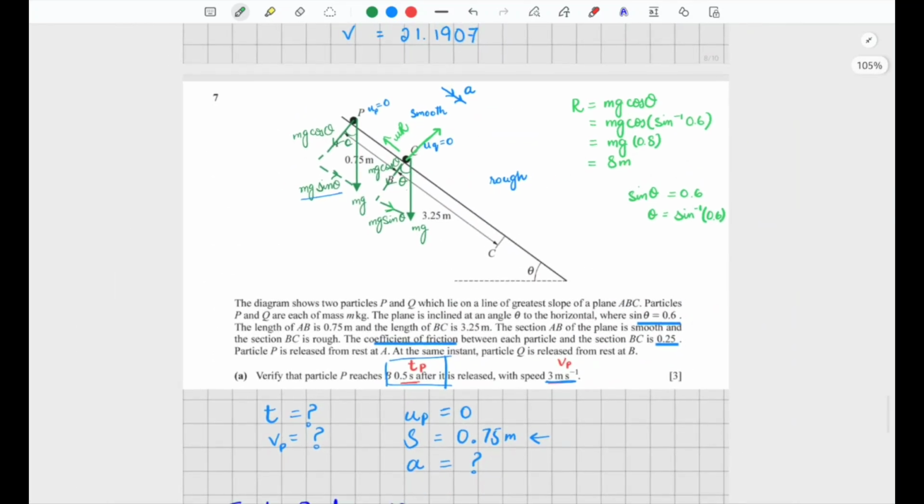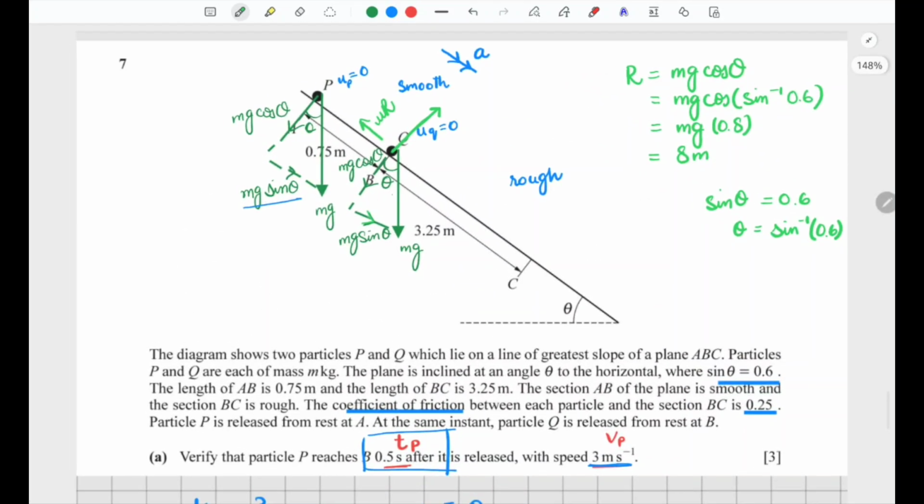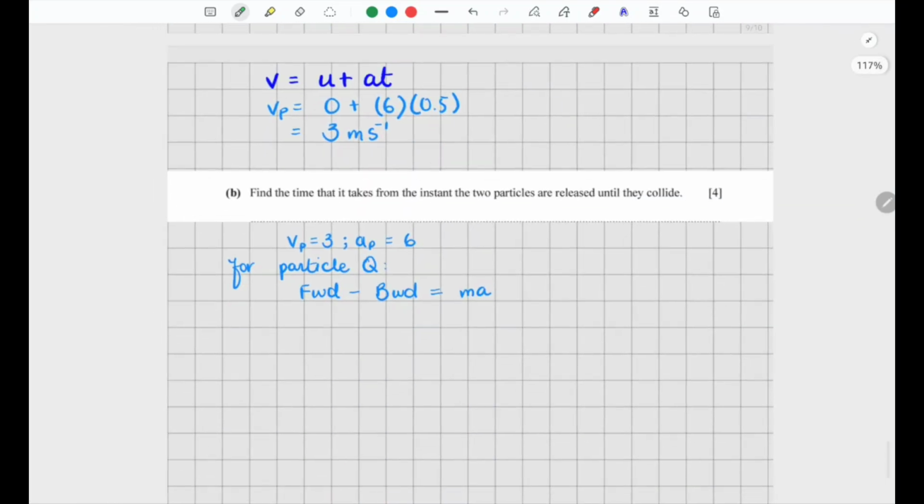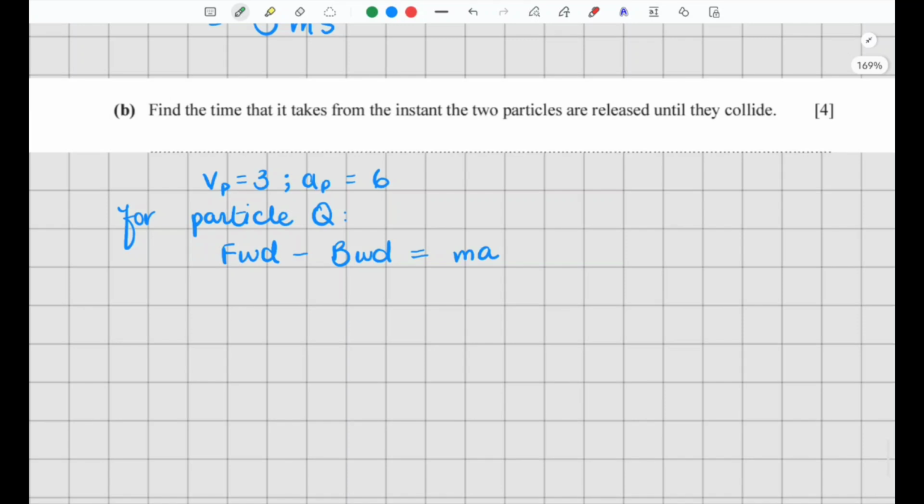So let's apply forward minus backward. So forward force is mg sine theta and backward is minus mu R. So apply this. mg sine theta minus mu R equals ma.